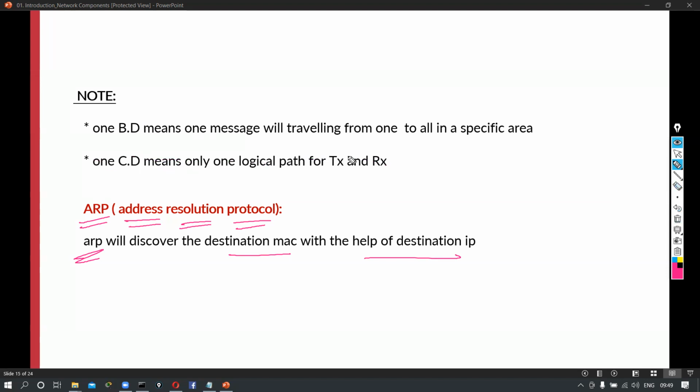Yeah, you can write on that. This also, no problem. By a particular port, we can send also, receive also. In the switch port.